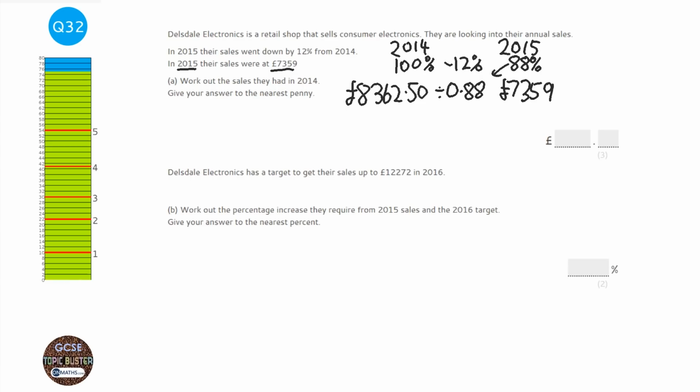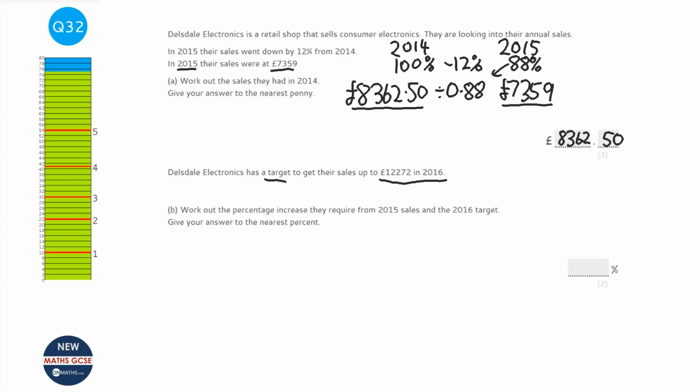You've got to ask yourself, well, is that reasonable? Well, they went down by 12%, so it's natural that they would go from a number around just over 8,000 to a number that's just over 7,000. So I'm going to write the answer, £8,362.50.